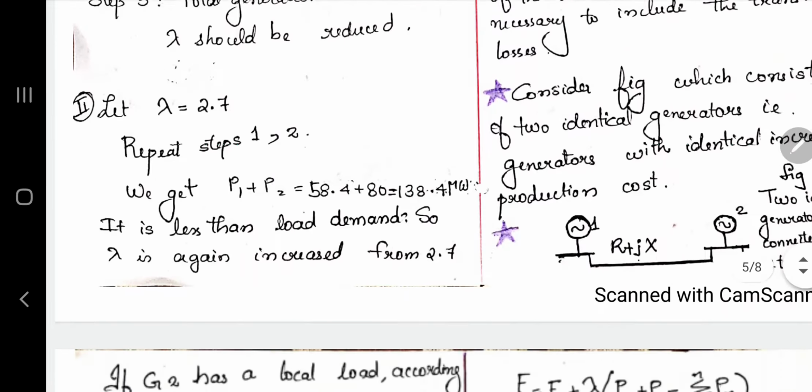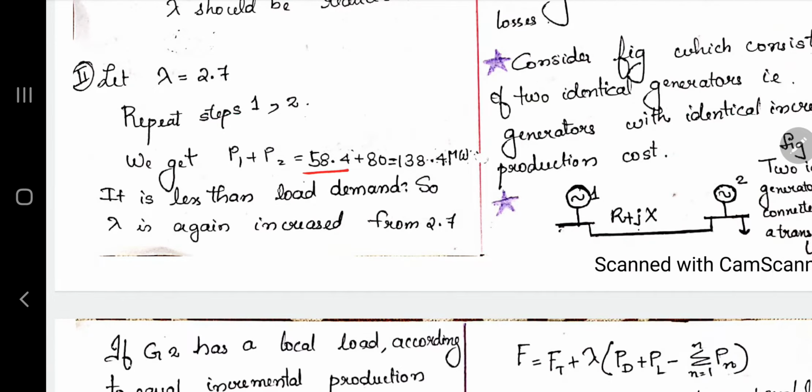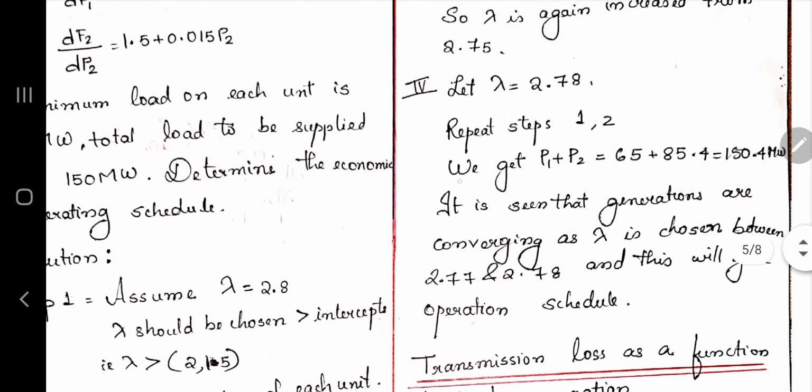You will get the answers as 58.4 and 80, and the total generation is 138.4 megawatt. It is clear that this is not meeting the load. So we have to increase lambda, then only can the generation meet the load. It is less than the load demand, so lambda has to be increased a little bit from 2.7.